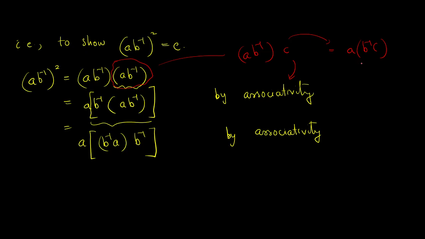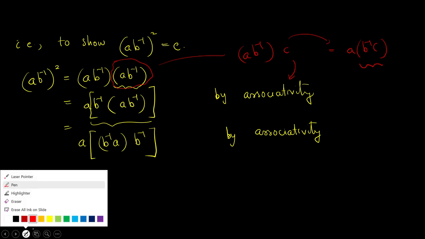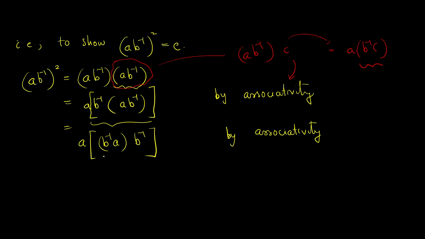Now I applied associativity inside this bracket. Now, given that group G is abelian, I can commute these two. So we'll have A into A B inverse whole into B inverse by commutativity.